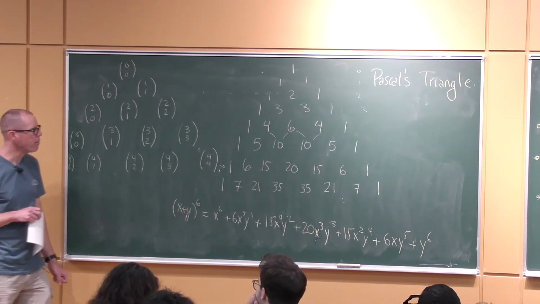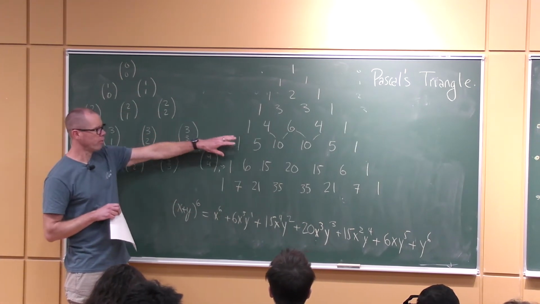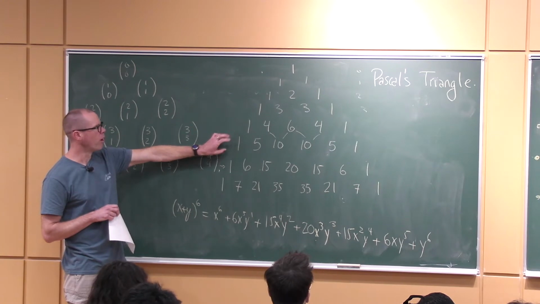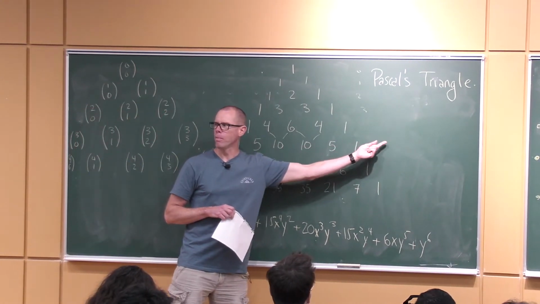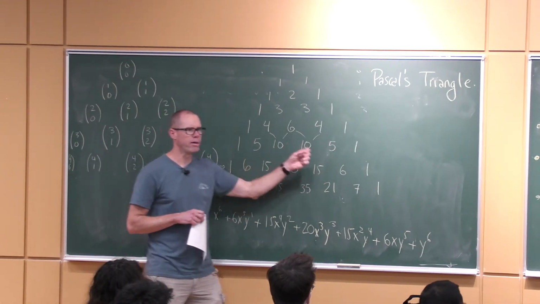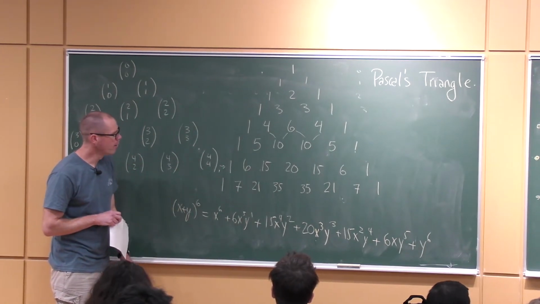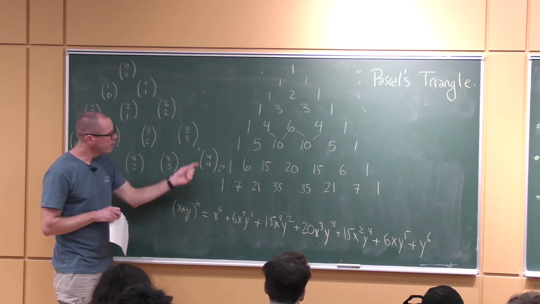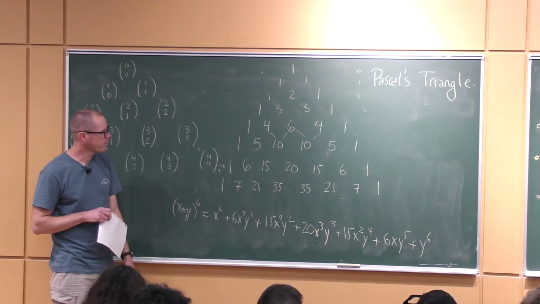You have symmetry down the middle, or if you want to focus on the particular row, the nth row, it means that if I read it from right to left, it's the same as if I read it from left to right. Or it's a palindrome if you like that language.